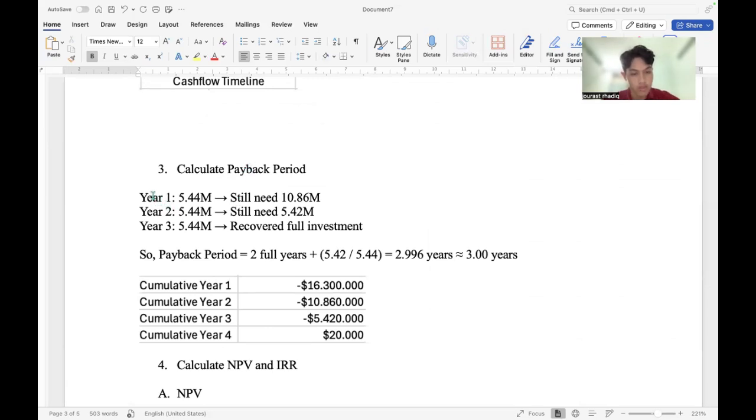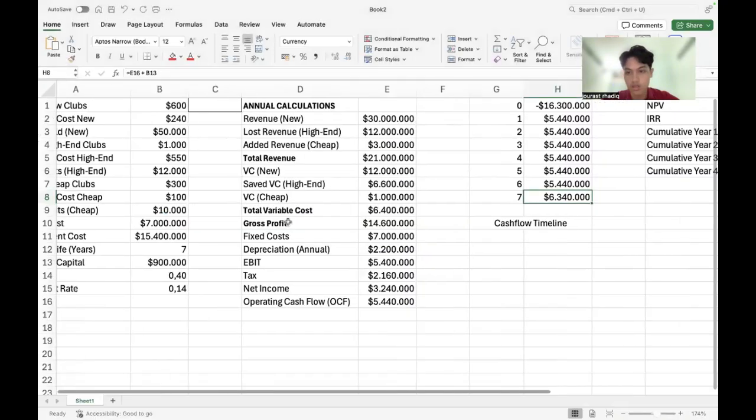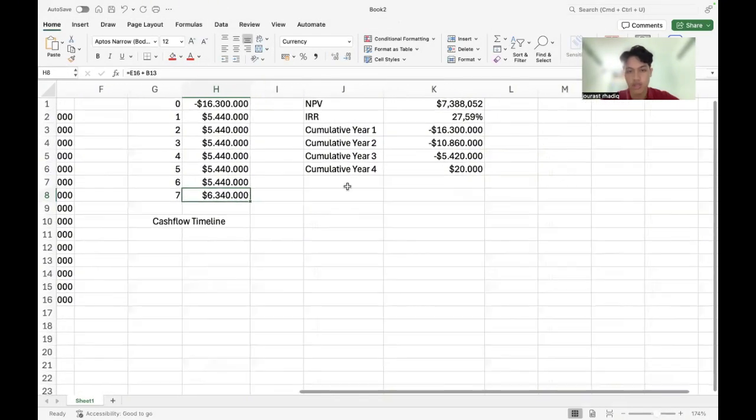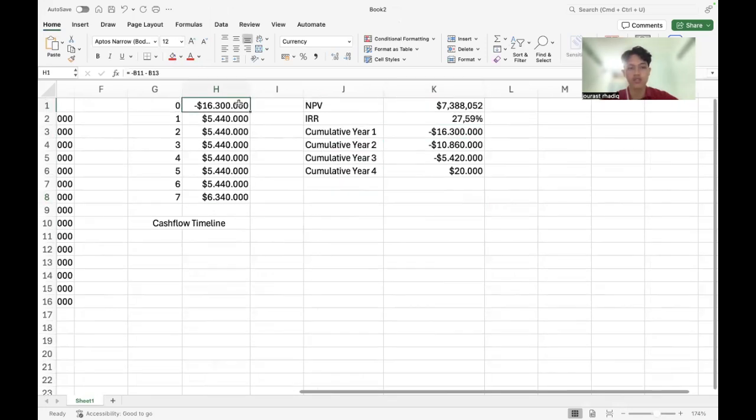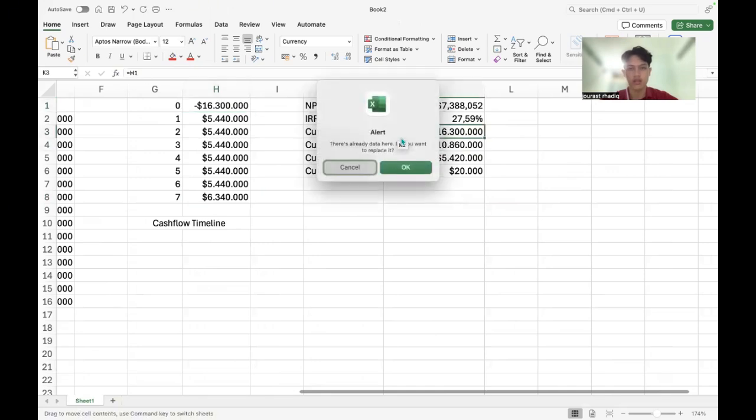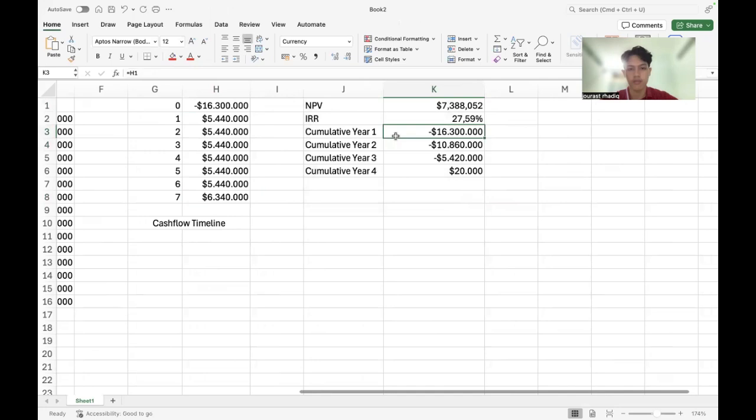In the first year, we have 16.3, the money that we spend, and then in the first year we get this one, 5.4.